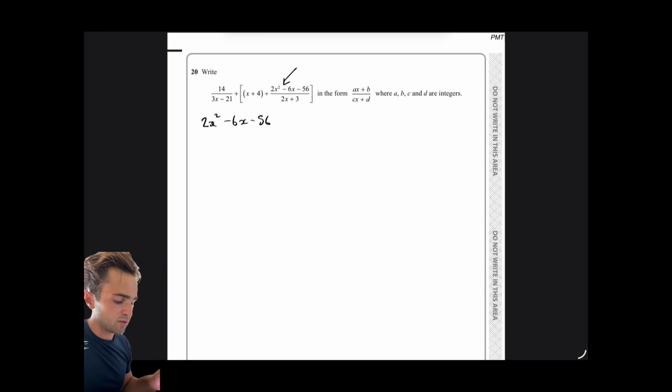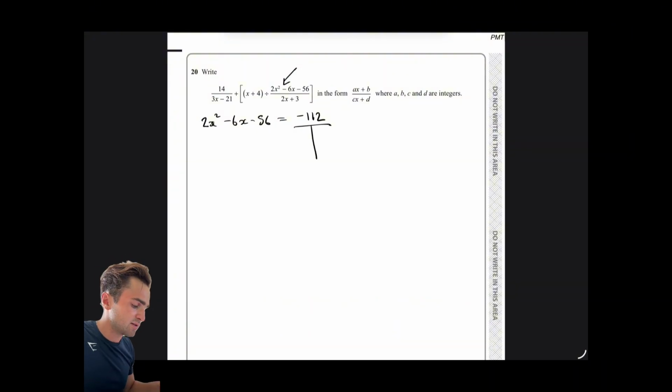To factorise this, we need to times 56 by 2, which is minus 112. And then find the factors of 112 that make 6x. So if we try a few, I literally guessed it first time. So 8 and 14, right?